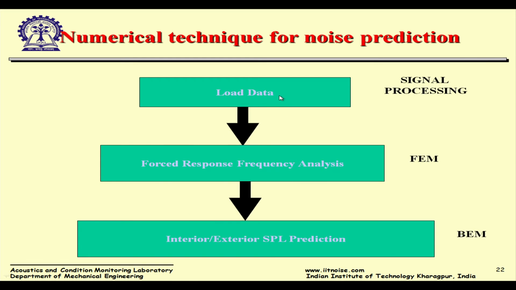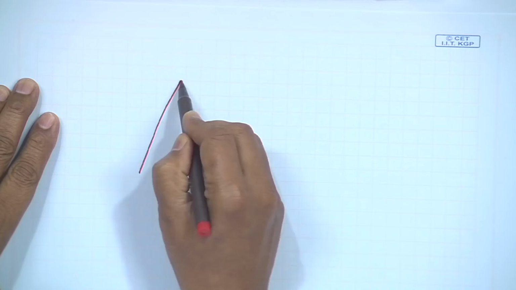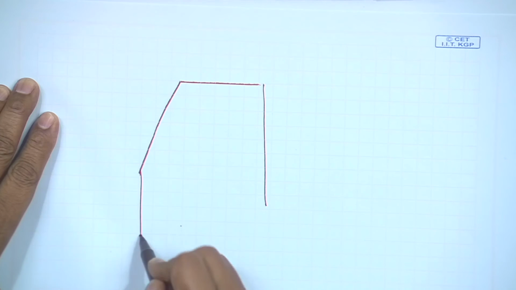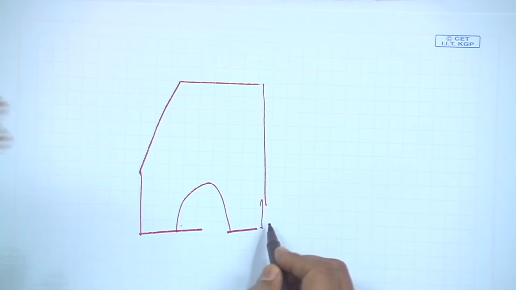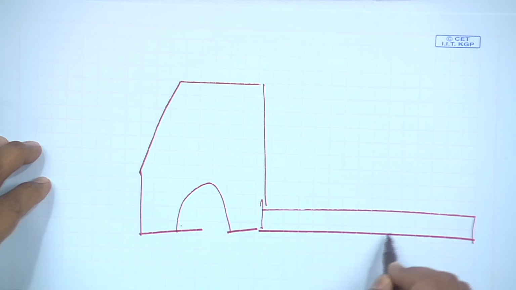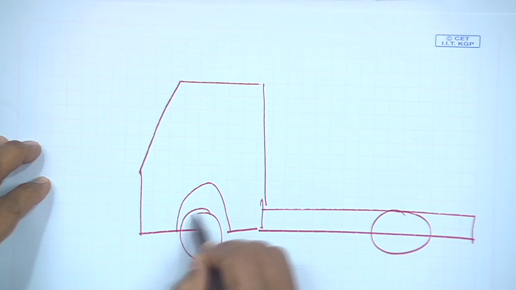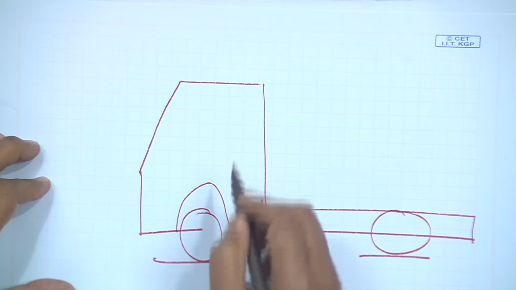So we have a vehicle cab. In a truck there is a cabin. This is work which I did at Ford while I was working with them 25 years ago. We have the paper on that, which is in Applied Acoustics.